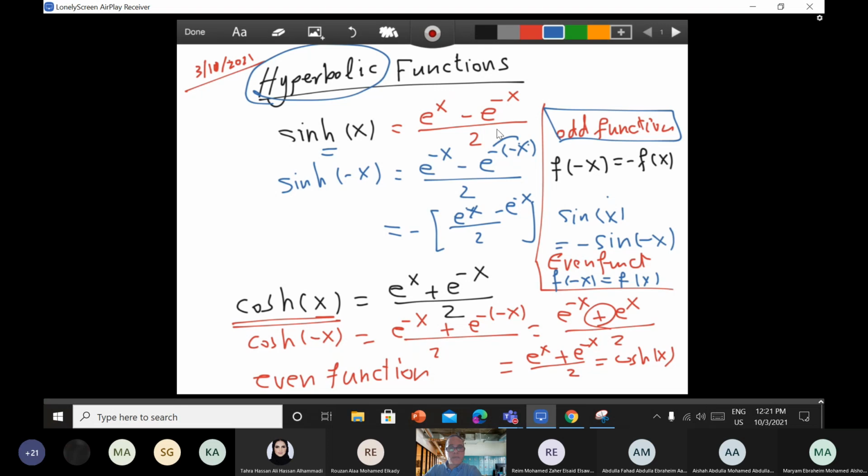This algebraic term, he called it sinh because it is behaving like sine. It is an odd function, right? And the algebraic term, instead of the minus here, he put plus. It becomes an even function similar to the cosine, right?